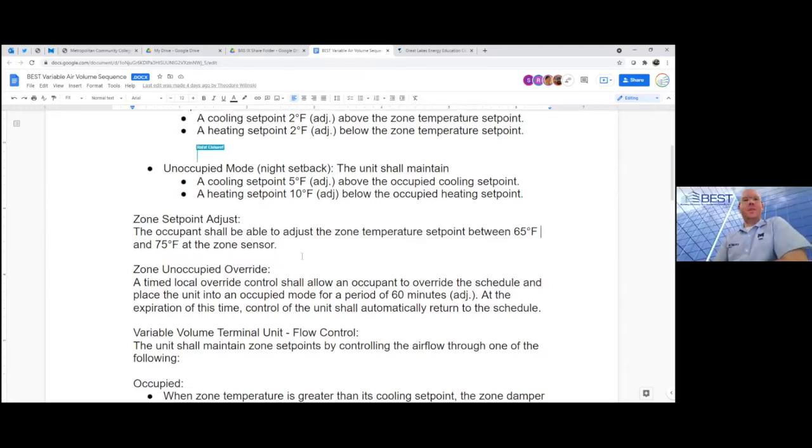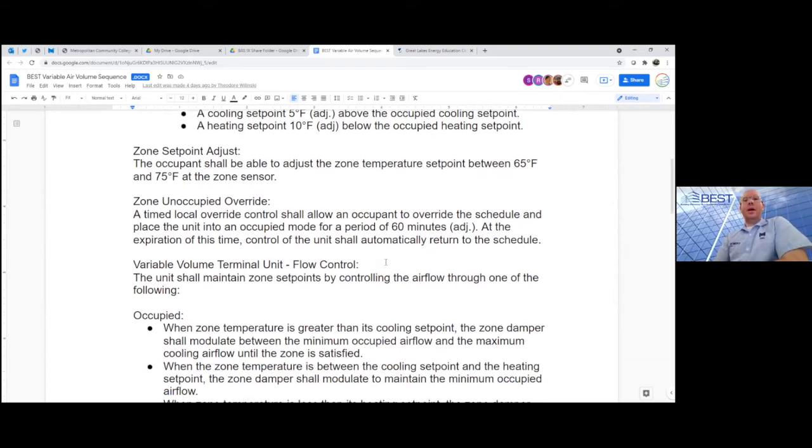All right. So another common task that VAVs will be required of is unoccupied override. This is the situation where you have somebody who's in the office late and realizes that their office is no longer comfortable and goes and pushes the button on the side of the thermostat. There are many control systems that completely ignore the fact that they push the button and everybody moves on with life.